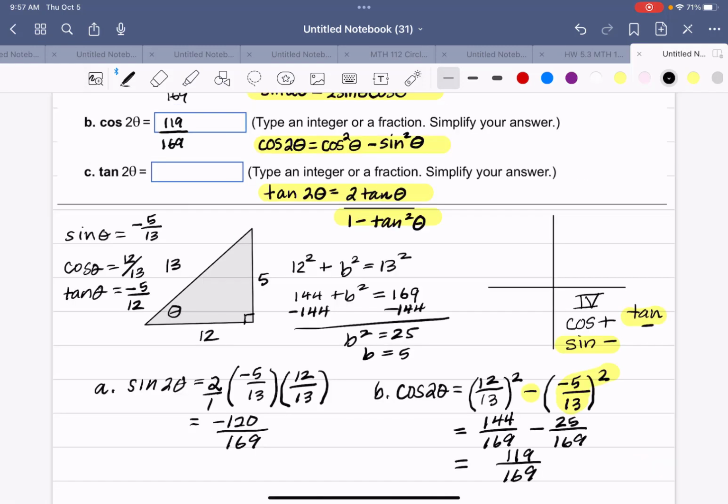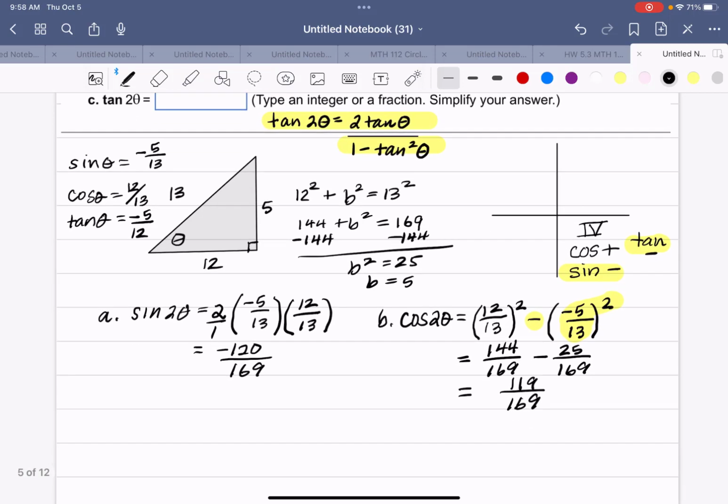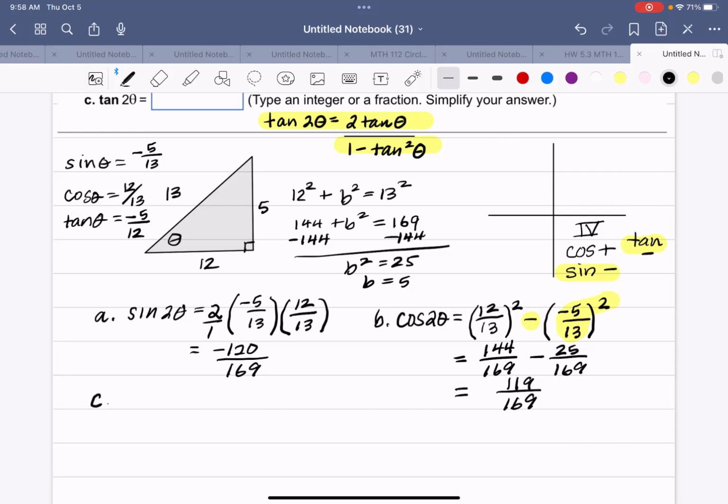The last one, tangent 2 theta. So tangent 2 theta has a formula that's a fraction. It's 2 times the tangent of theta, which is negative 5/12.